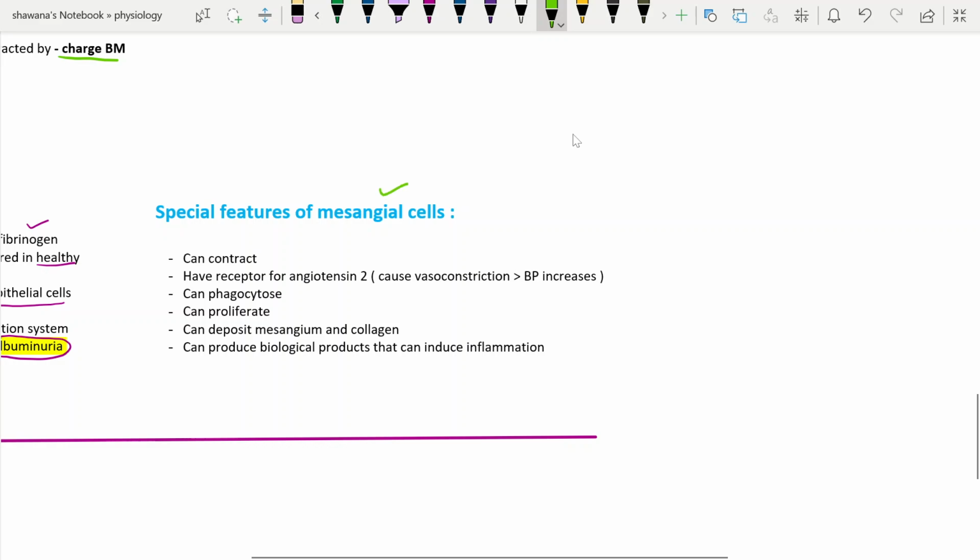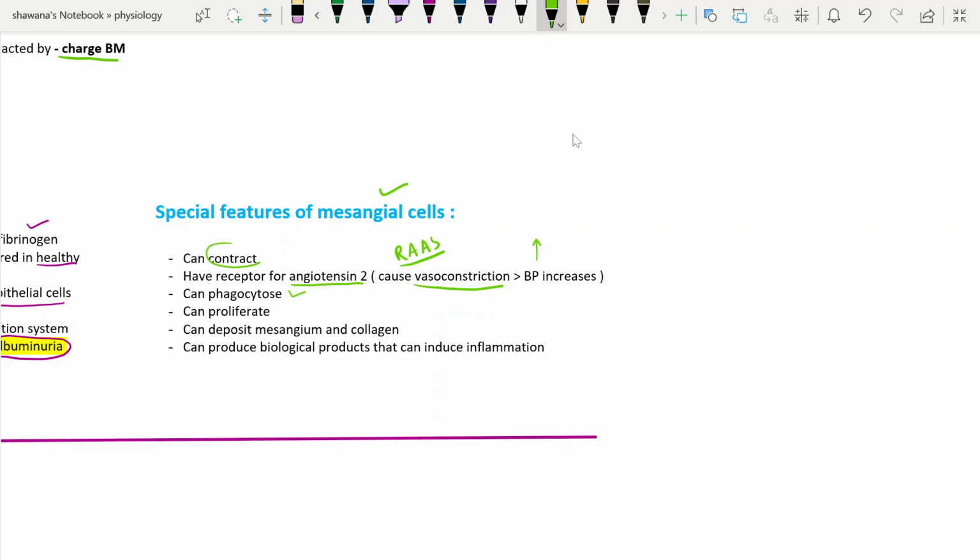Mesangial cells have special features. For example, they can contract, they have receptors for angiotensin 2, and according to the renin angiotensin aldosterone system, which we'll discuss in detail, it causes vasoconstriction and can result in hypertension.